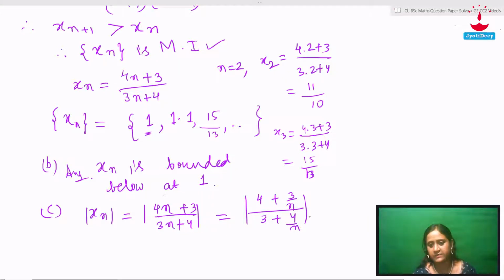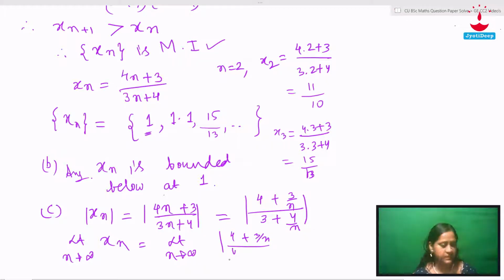Okay. Now limit n tends to infinity of xn is equal to limit n tends to infinity (4 plus 3 by n) divided by (3 plus 4 by n).